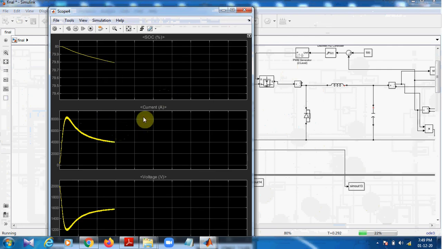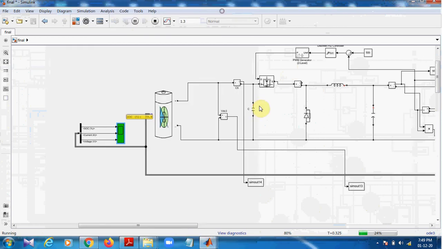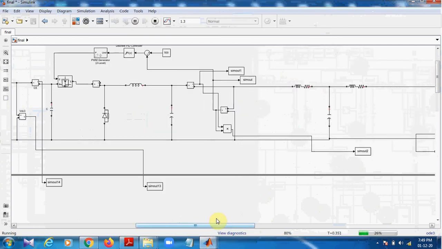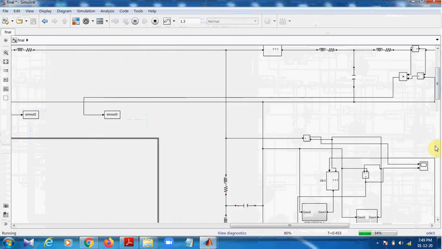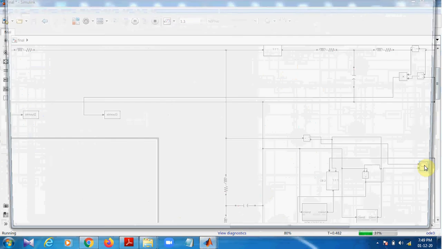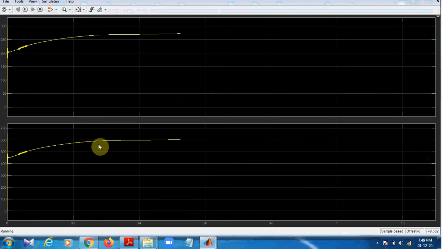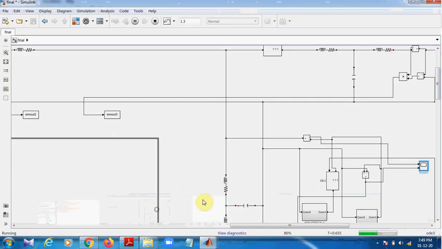See, this is how current, voltage, and SOC are printed for the battery model. Then we'll see different things. We'll go to the MPC controller. Here we can see the power and voltage produced by our system, which is the final outcome of the system. We'll see another graphs.